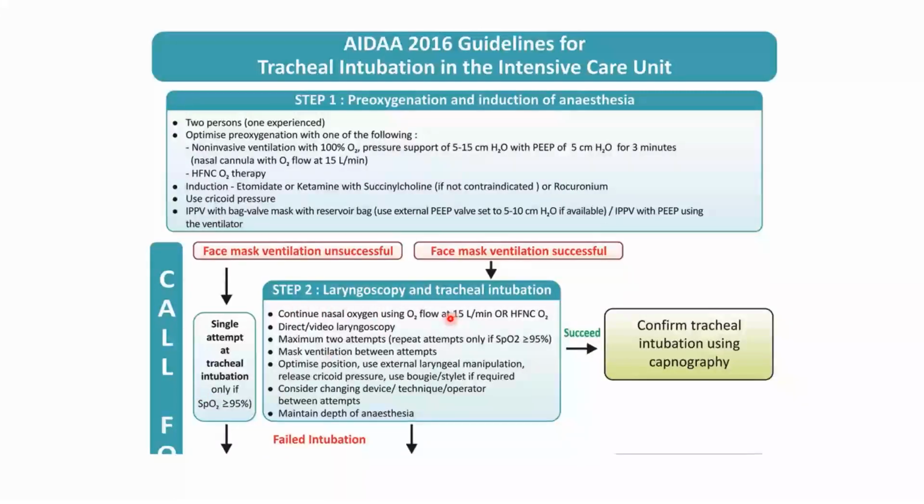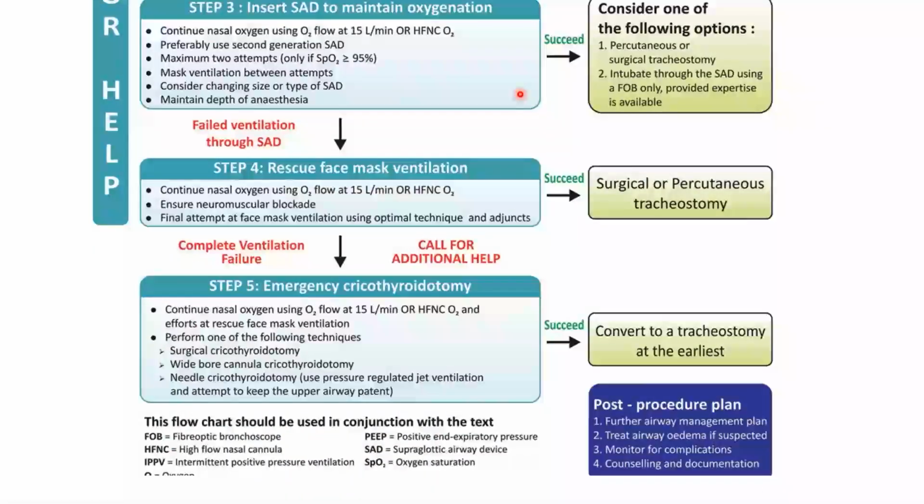If not, the Indian guidelines say you can have a maximum of 2 attempts, using a bougie and stylet if required. If you fail, you have 2 more attempts with a supraglottic airway device.